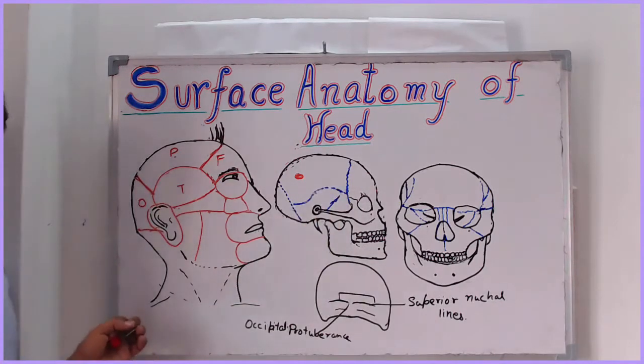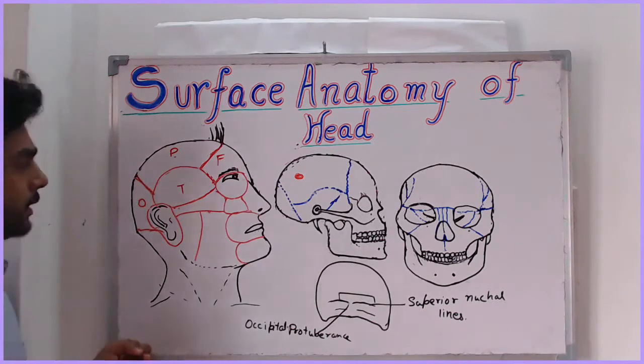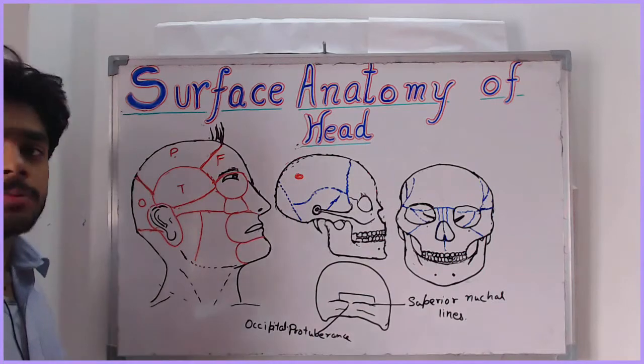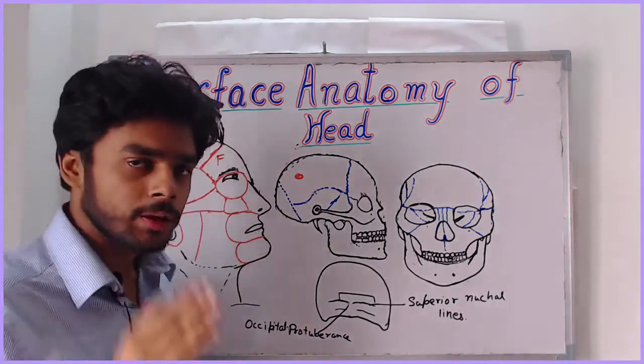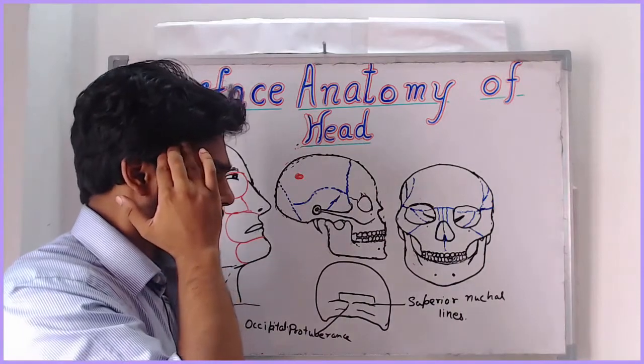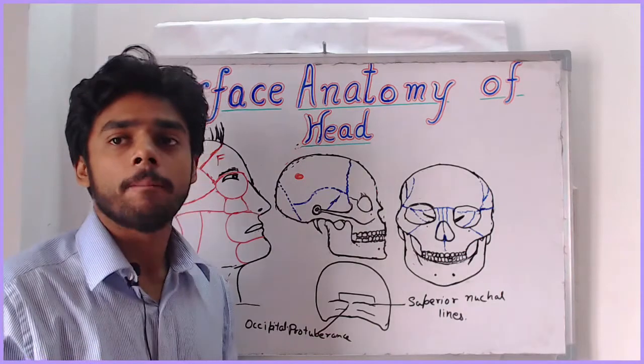When the teeth are clenched repeatedly, the temporalis muscles can be palpated. When you put your fingers here in the temporalis region and clench your teeth continuously, you can palpate the temporalis muscles.